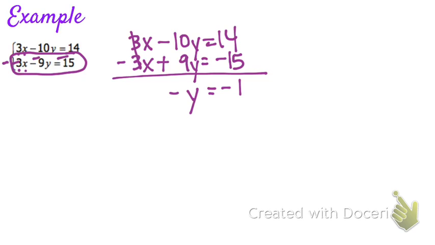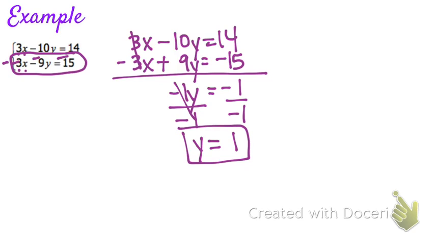So now y is almost by itself, but not quite. In order to get rid of this multiplying by -1, I'm going to divide by -1. And that gives me 1. Y equals 1. So now we can substitute that into either one of these equations and solve for x.